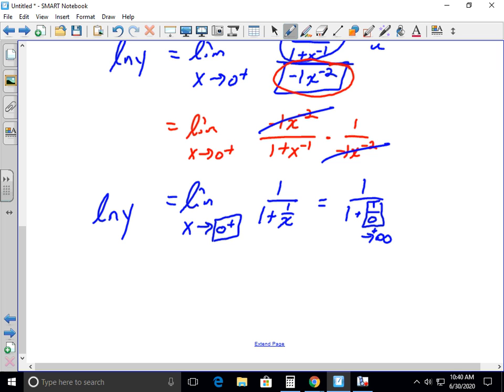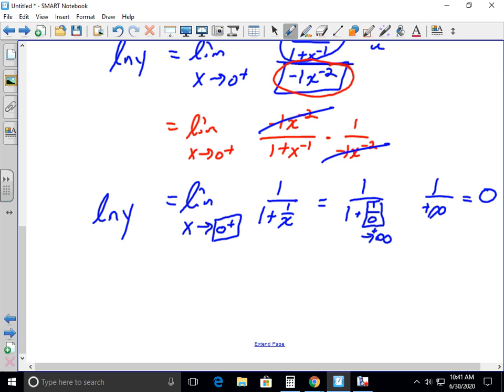As we demonstrated a minute ago, if we have a denominator that's getting closer and closer and closer to 0 from the right side, so positive, then that fraction is getting closer and closer to infinity. Well, if we have 1 and we're dividing 1 by positive infinity, 1 divided by positive infinity is essentially 0.